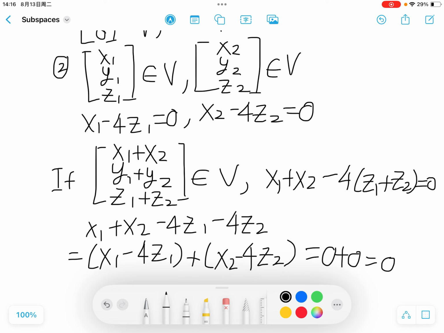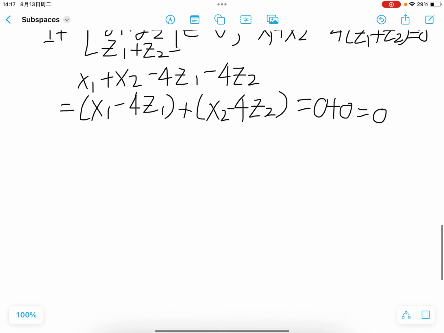So yes, if x1, y1, z1 is in subset V, and x2, y2, z2 is in subset V, then x1 plus x2, y1 plus y2, and z1 plus z2, this vector here, is also in subset V. So this is great. We've met the second condition. So let's prove the last condition to see if it's true.